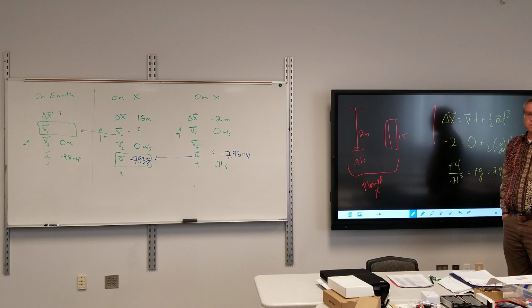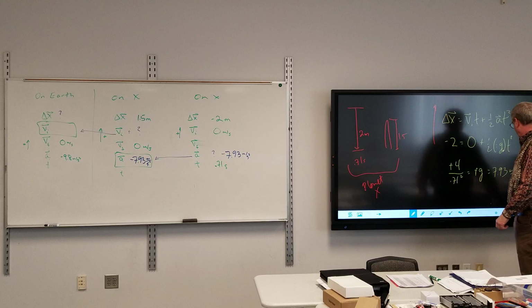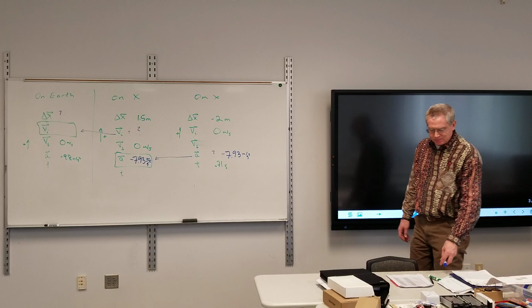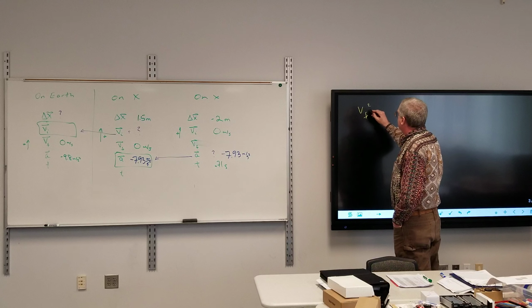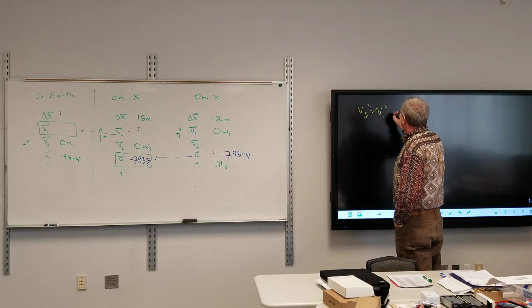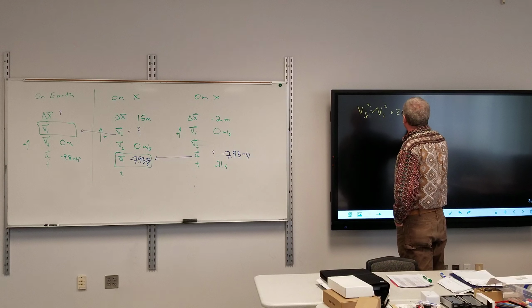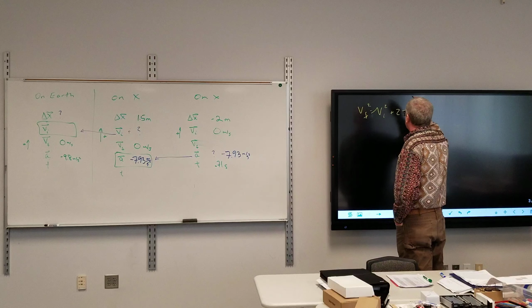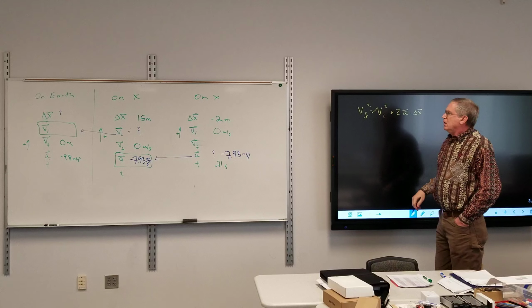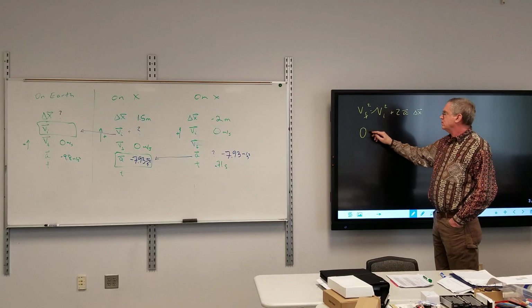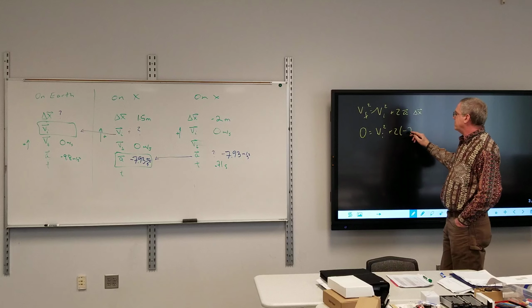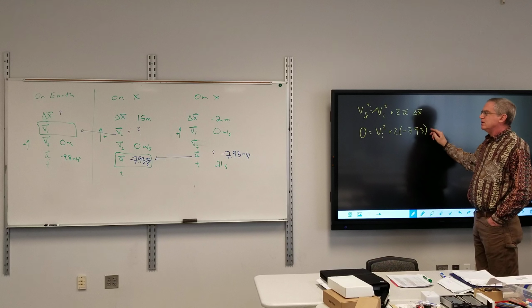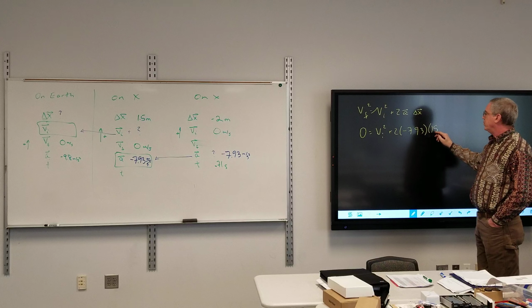The VF squared equals VI squared plus 2 times displacement times acceleration. All right, so VF squared equals VI squared plus 2A delta X, or S, or whatever letter you're using today. So I have 0 is equal to VI squared plus 2 times negative 7.93 times 1.5.